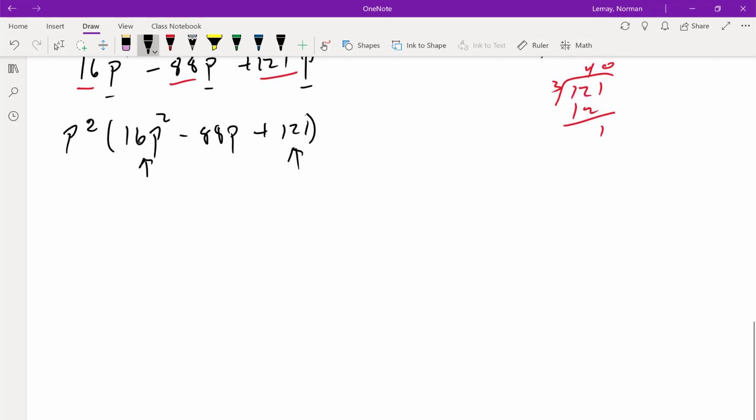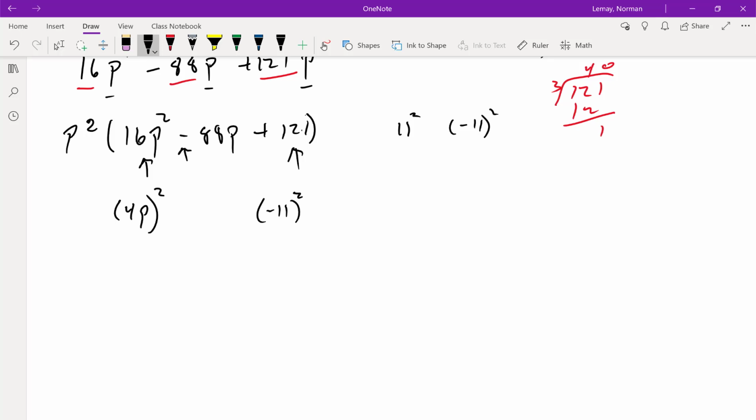So we have 16p squared, and let's just note that that is 4p quantity squared, and the 121, well, 121 we know is 11 squared, and we also know that it's minus 11 squared. And since we have our subtraction right here, we know we're going to choose the negative 11 quantity squared.